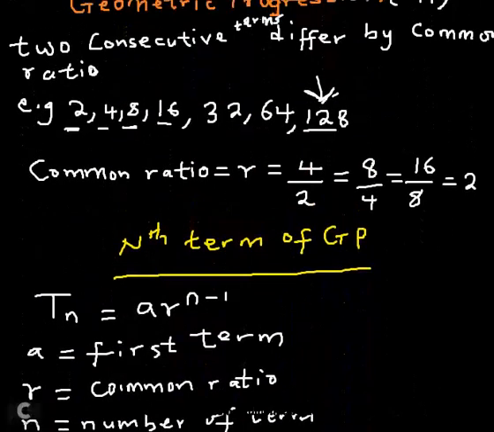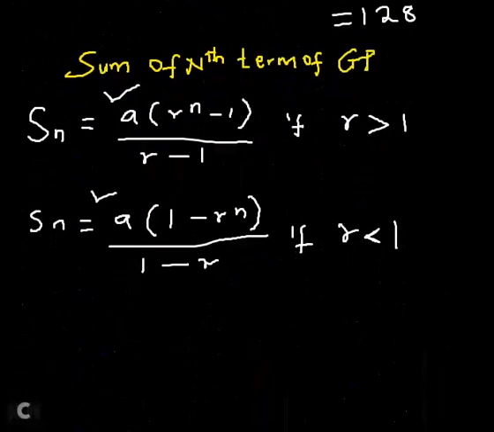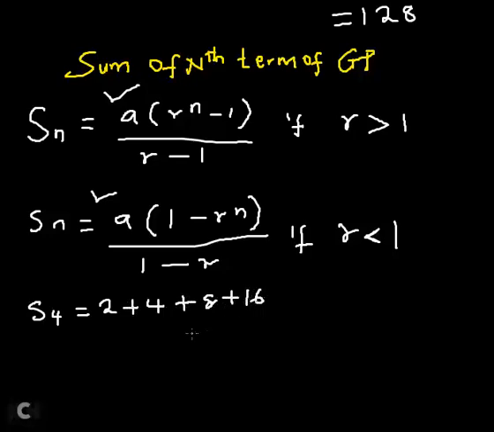Okay? For example, let's say I want to find the sum, the series, of the first four terms of this particular sequence. That's S4, right? That's 2 plus 4 plus 8 plus 16. I will definitely need a calculator, so let me get a calculator.